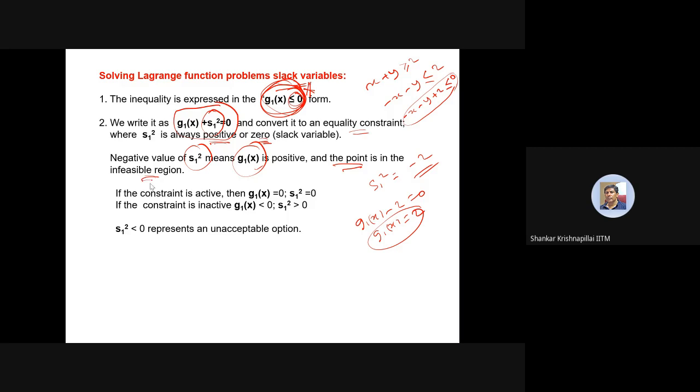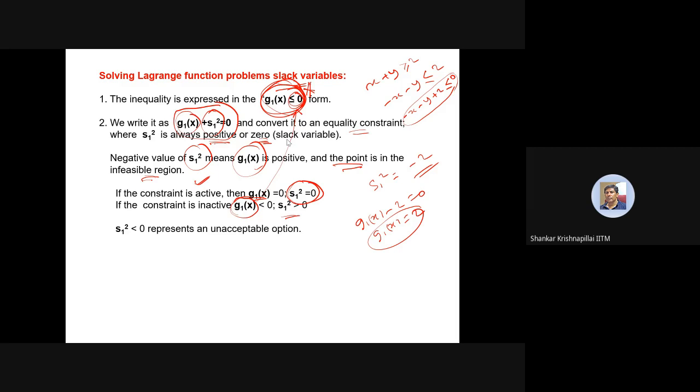Then if s1 squared is equal to 0, it means that g1(x) is equal to 0, so it is lying on the boundary of the g1(x) constraint. So it means active constraint. Now suppose s1 squared is greater than 0, then g1(x) will be negative and the point will lie inside the feasible region, so it is an inactive constraint.